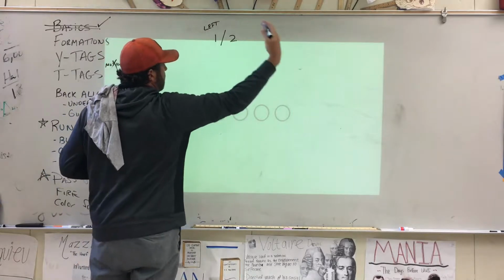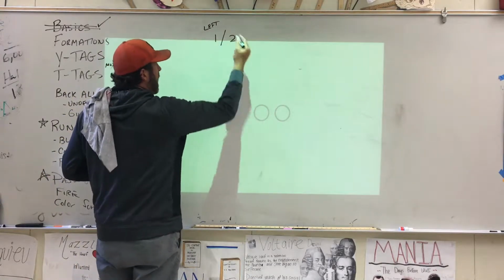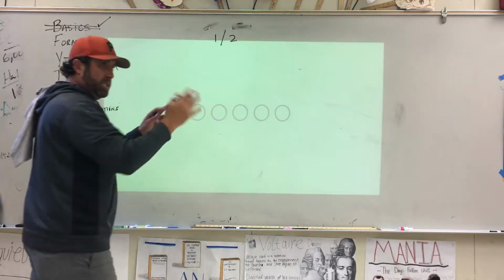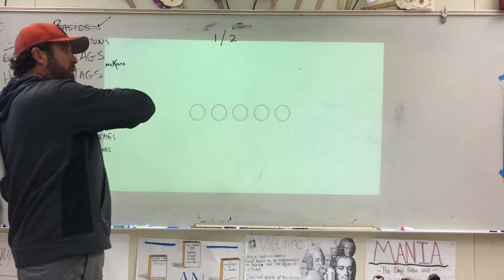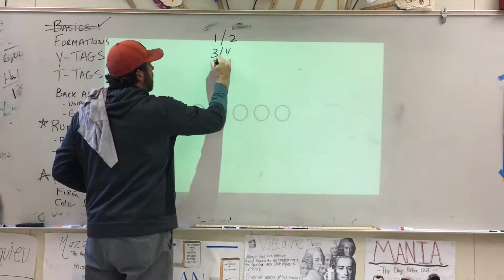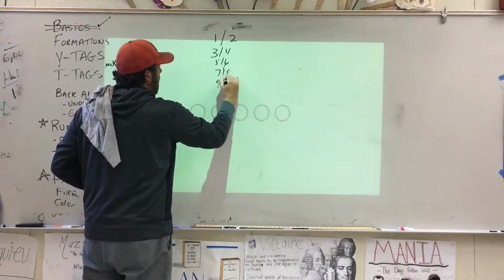And if it's an even number, it's the flip of that, you have more on the right. So 1 and 2 are opposites of each other. 1 is more receivers to the left of that formation, and 2 is the other way, to the right. 3 and 4, 5 and 6, 7 and 8, and 9 and 10.